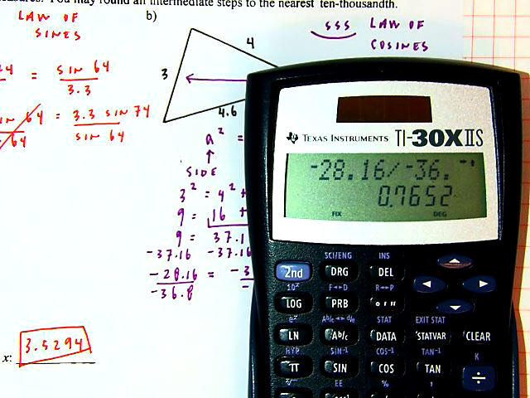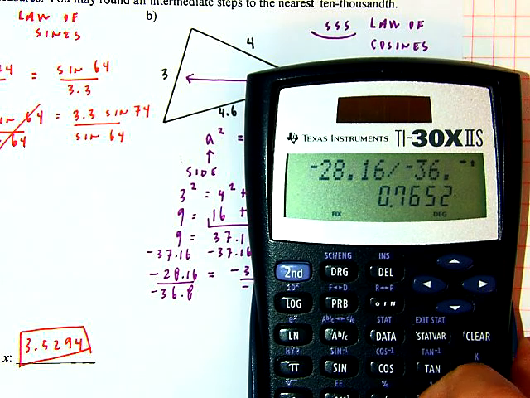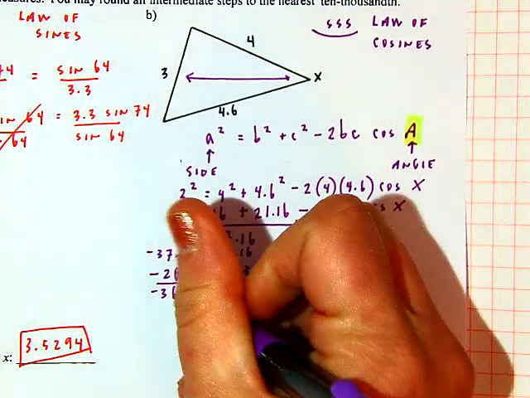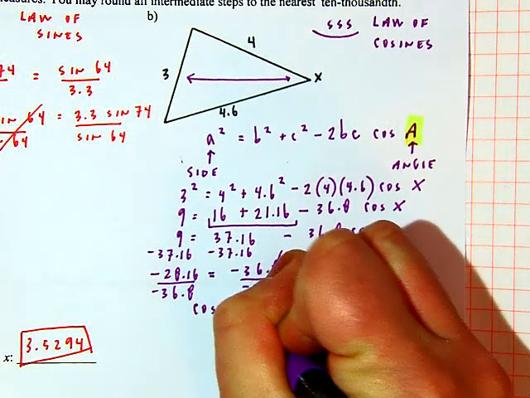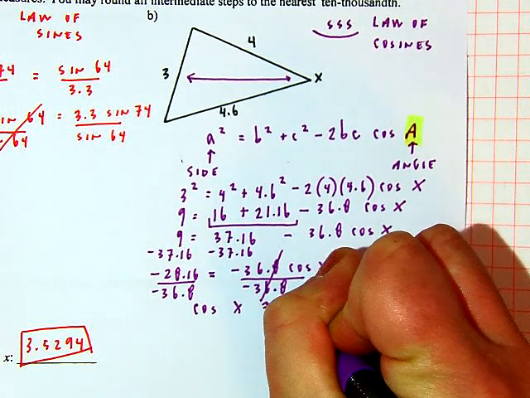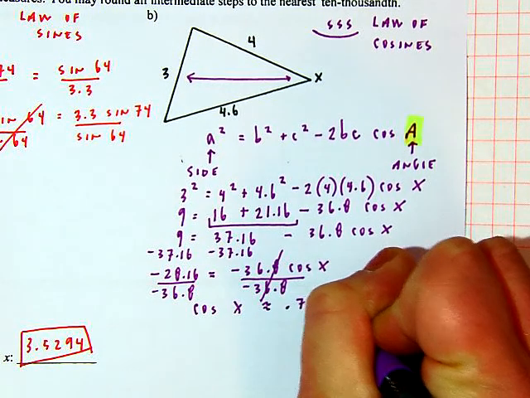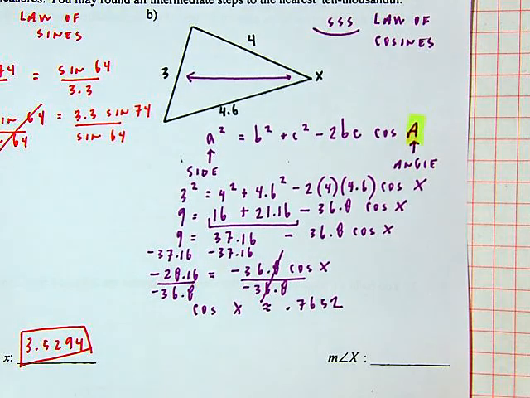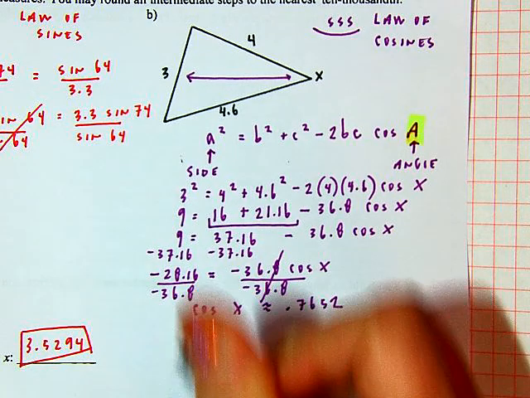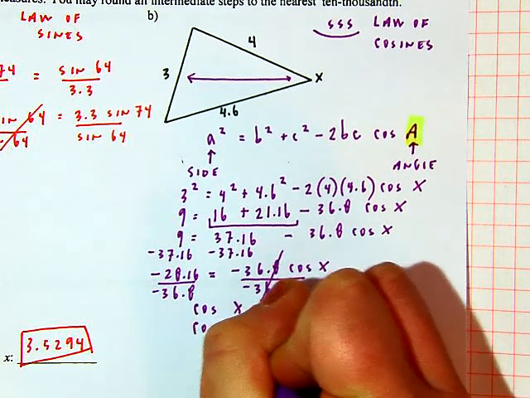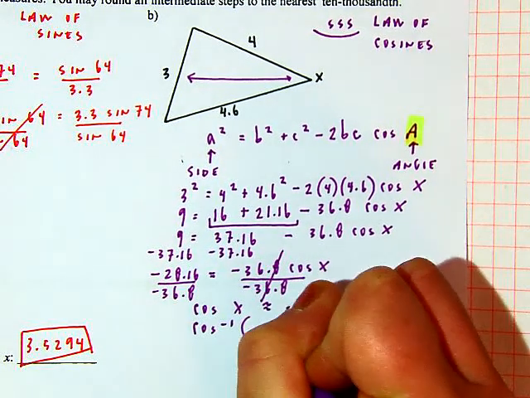Okay, and I'm taking that ratio to 4 decimal spots. So right now then, I know that cosine x is about 0.7652.